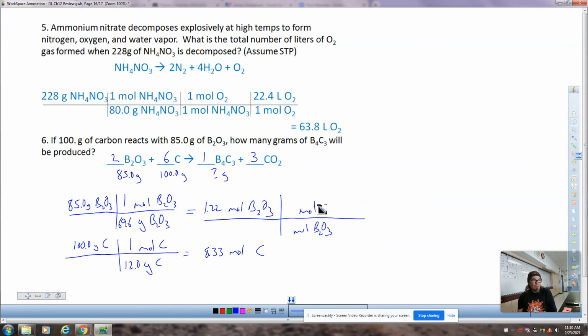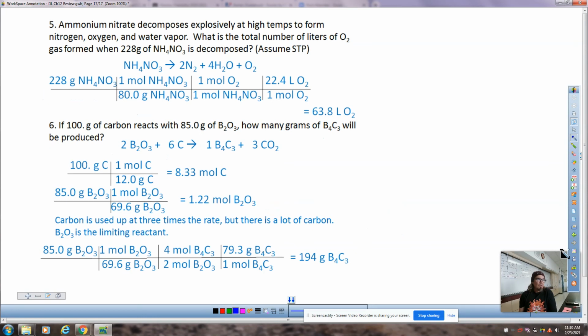Get into moles. 2 to 1. And then one more step, get out of moles of B4C3 and get into grams. Now I'm going to go to my last slide because I can just let it tell me what that molar mass is. How about 79.3, which gives us 194 grams.